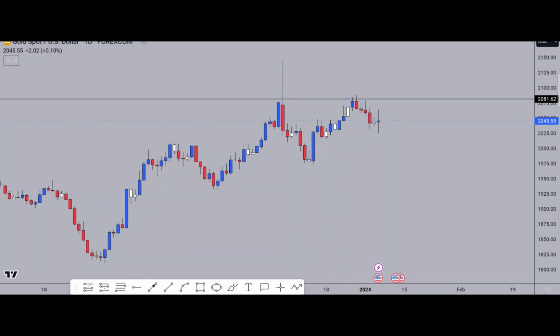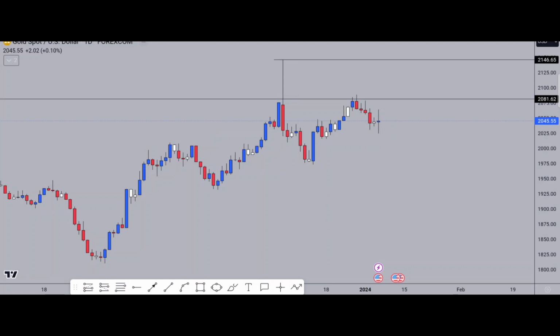So we've dipped into that level up there. We've got this level here, but that happened during news, so I would be more inclined to use this level, because that large wick was just due to news and clearing liquidity of the previous all-time highs.